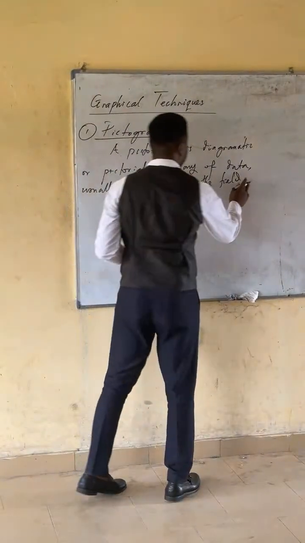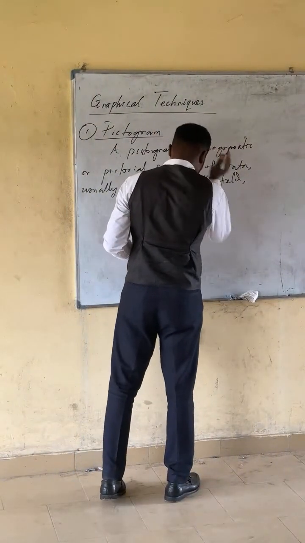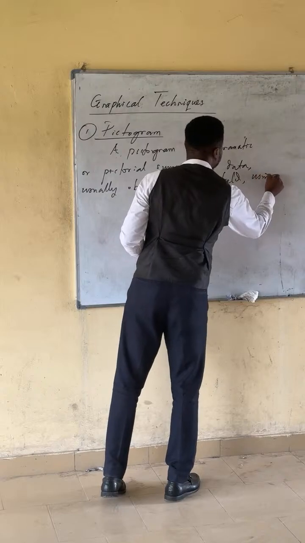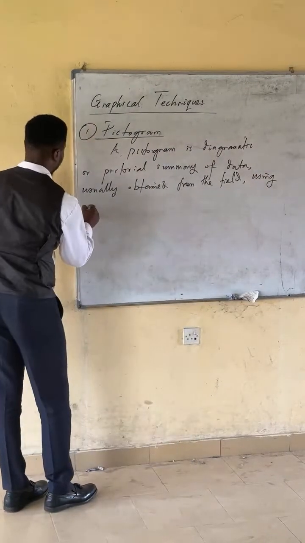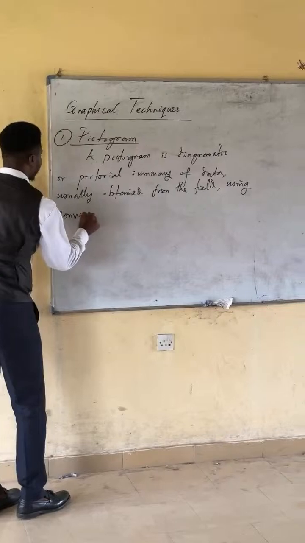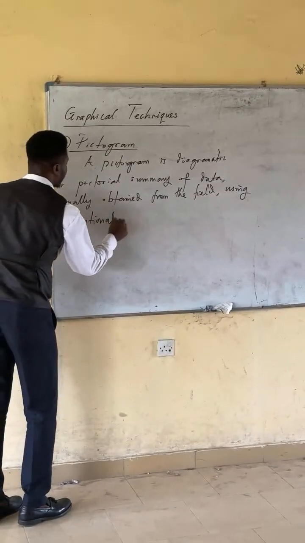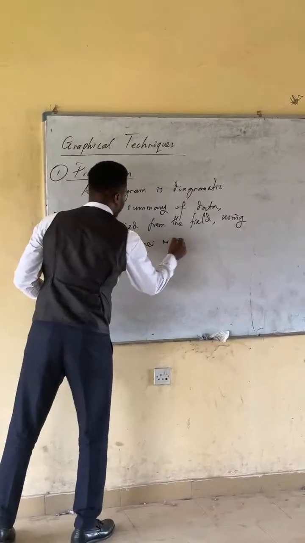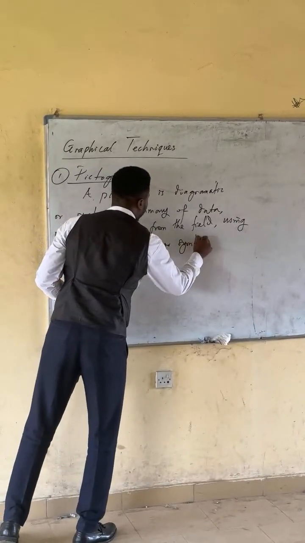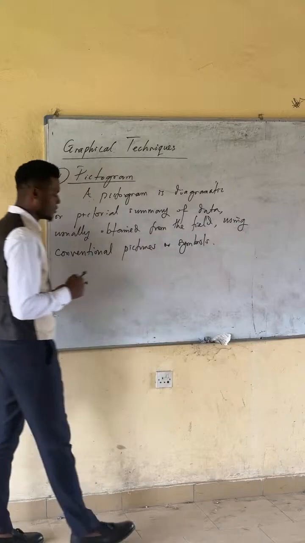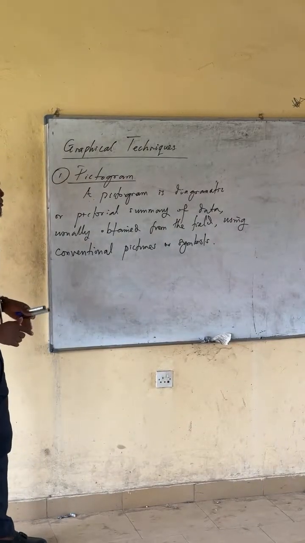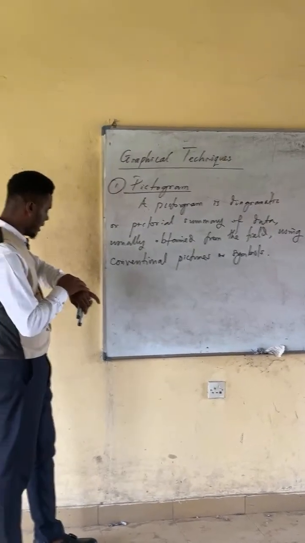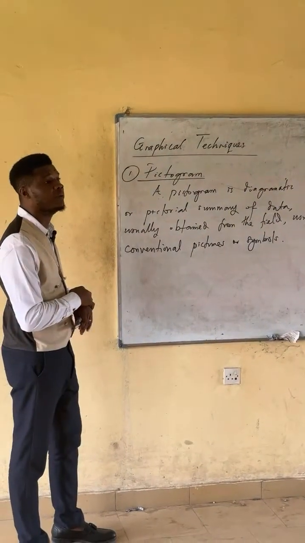Let's add a statement here: using conventional pictures or symbol. Using conventional pictures or symbols. Now, I won't waste much time. I will go quickly into telling you the advantage.